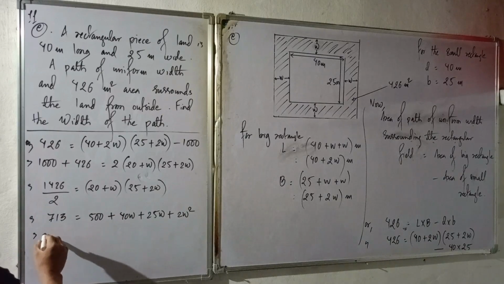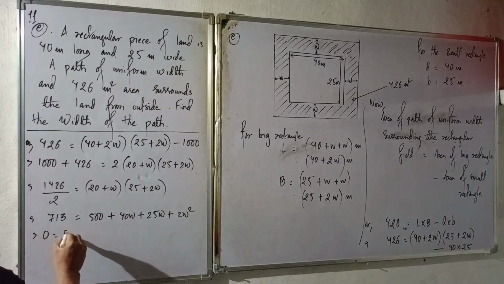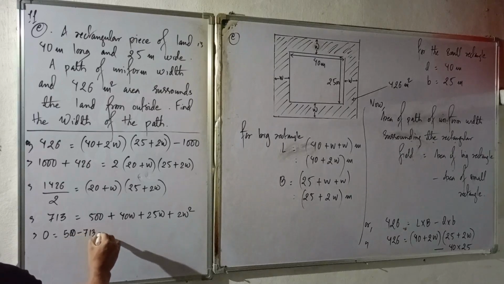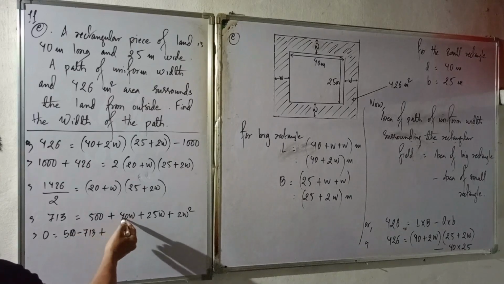Let's see. 500 minus 713 plus 40 plus 25.